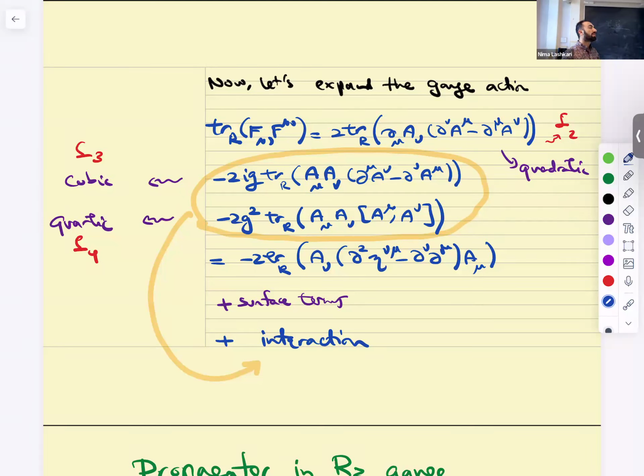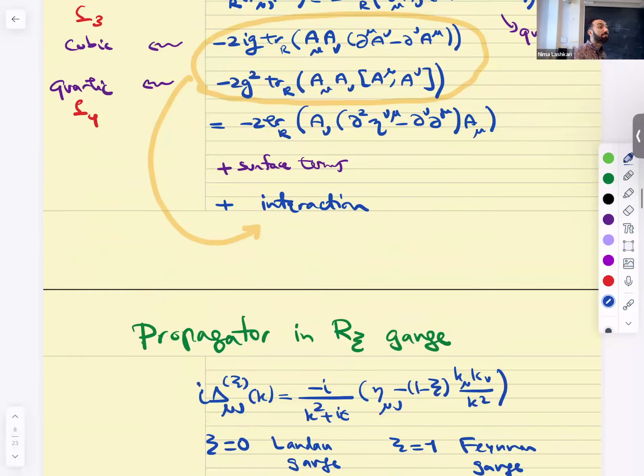The only thing I want you to have in mind, if I ever say something without specifying, I'm thinking of the adjoint representation, and the matter is often fundamental and anti-fundamental. But I think today's discussion is fully general. I'm pretty sure today is fully general. Good.